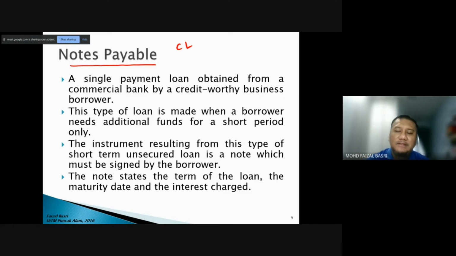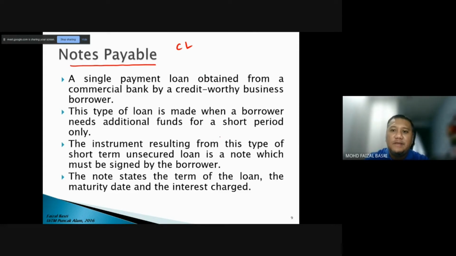Just like a normal loan, you apply from the bank for 10,000 ringgit, the bank made the assessment, approved and disbursed the 10,000 ringgit to you. One single payment, there are no recurring transactions.